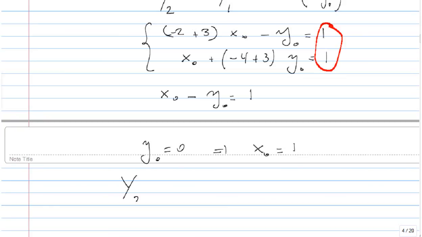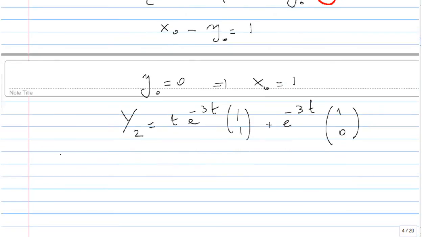So Y2 is equal to t times Y1, e to the minus 3t times 1, 1, plus e to the minus 3t times 1, 0. Now next, step number 4, the general solution.